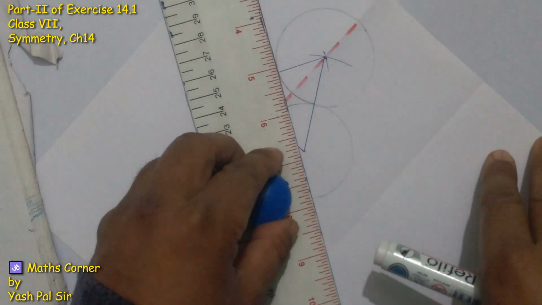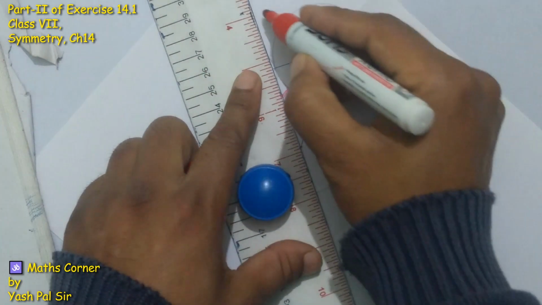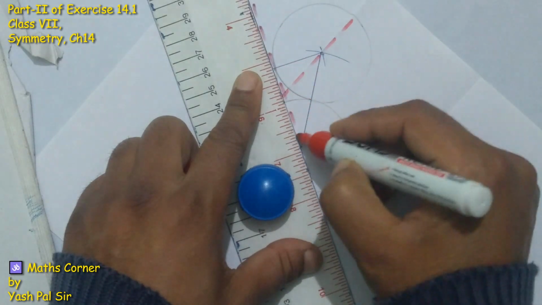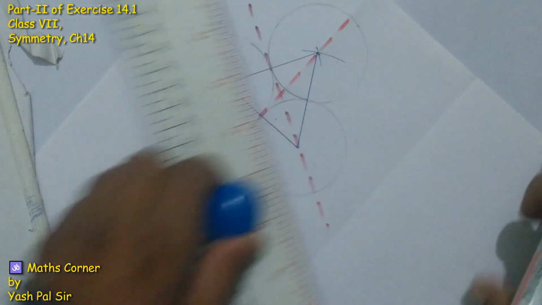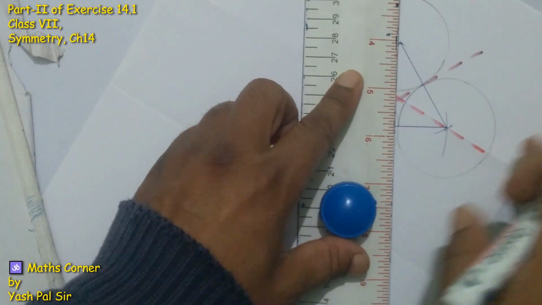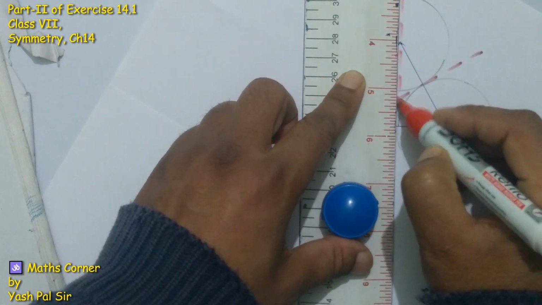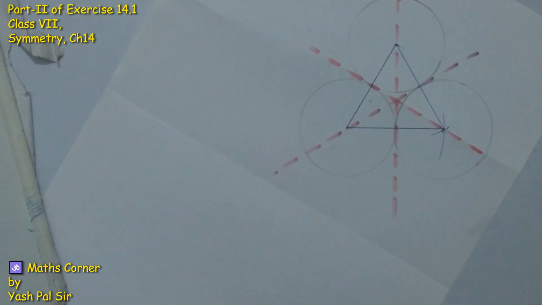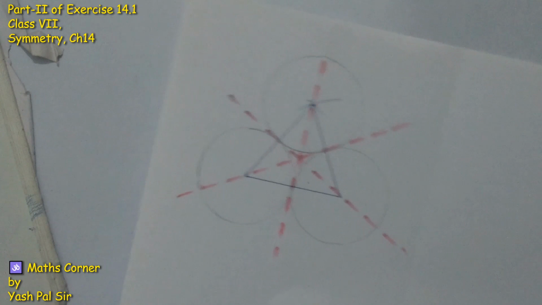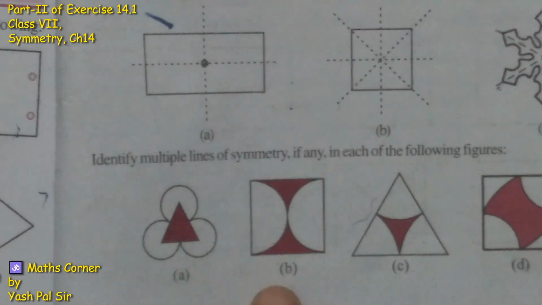Similarly, the second line of symmetry is this line, and third line of symmetry is this line. Okay, so we have three lines of symmetry about this figure.